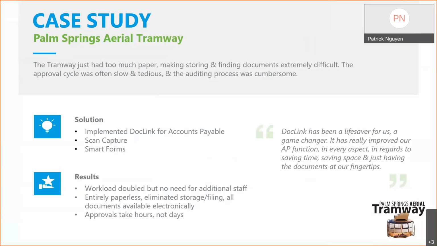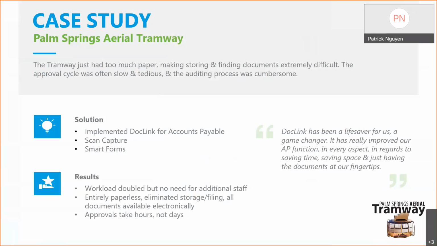With DocLink, all the related invoices and documents related to invoices were all digital. There's no more paper to manage. AP was able to get invoices into the system, match them up to the PO, to the receiver. The approval process was easy. Everything was easily tracked and audited. AP no longer spends hours searching for documents, nor were they waiting for people to come into the office to do approvals.